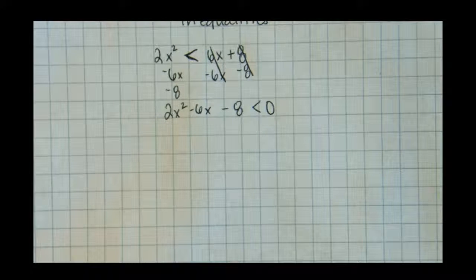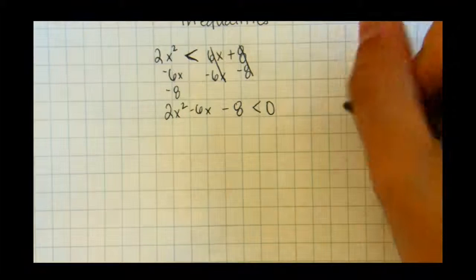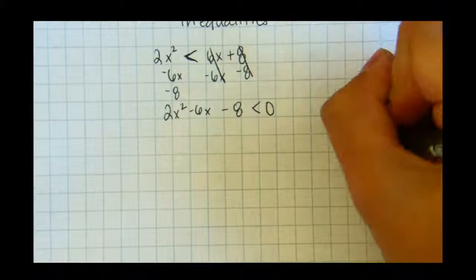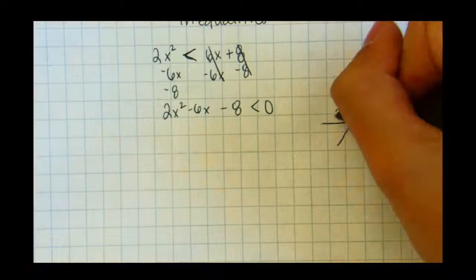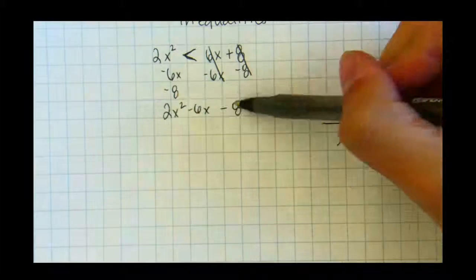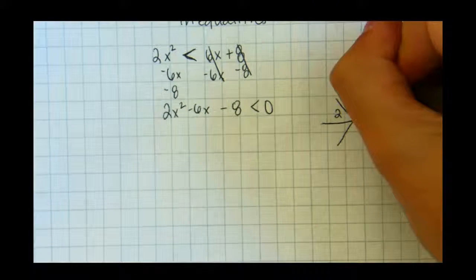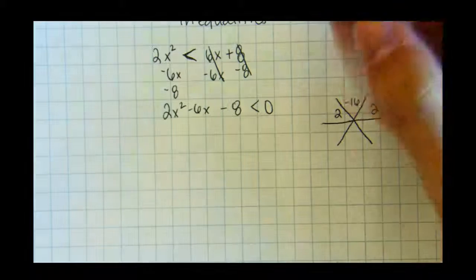Okay. Some of you, again, with the same idea of a quadratic, may have said I can try to factor this out, and we're going to give that a try. So my 2 goes on top, my a. 2 times a negative 8 gives me a negative 16, and I'm adding to a negative 6.